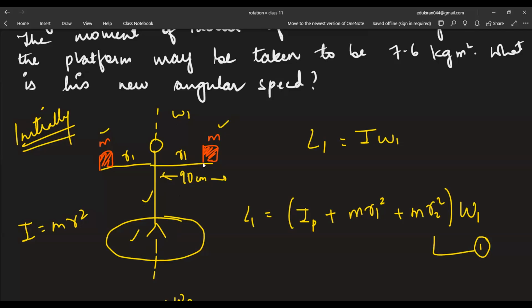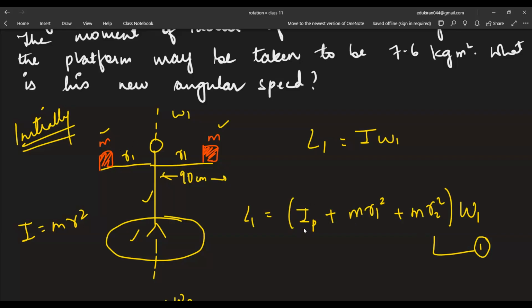So MR1 square is the moment of inertia of this block because this is the axis which we have taken, and MR1 square for the other. So both the moments of inertia are also taken. So all the four moments of inertia are now included.